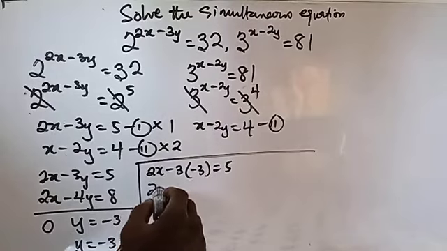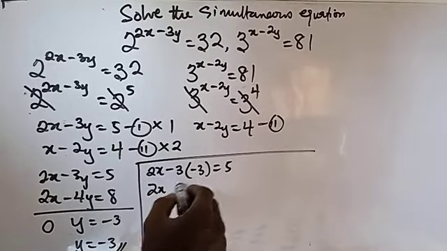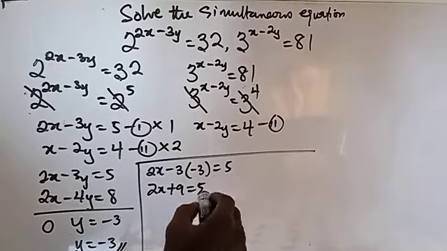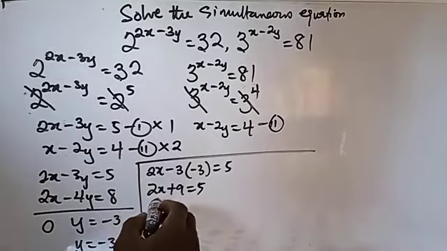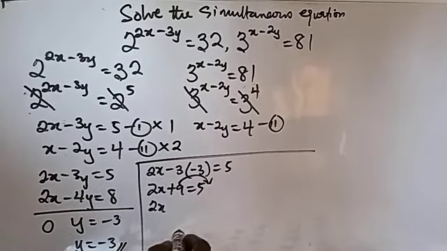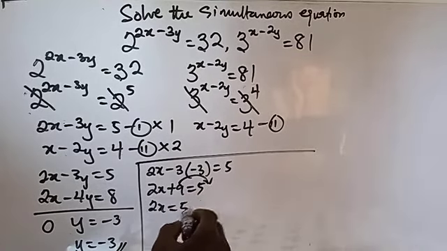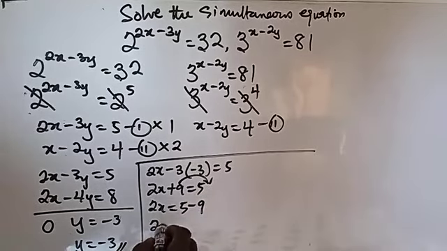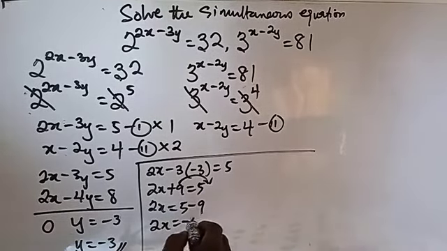So here we have 2x, and minus 3 times minus 3 will give us plus 9 equals 5. I hope it's been okay. Now when we transpose this, collecting like terms, we have 5 minus 9. Then 2x equals 5 minus 9, which will give us minus 4.